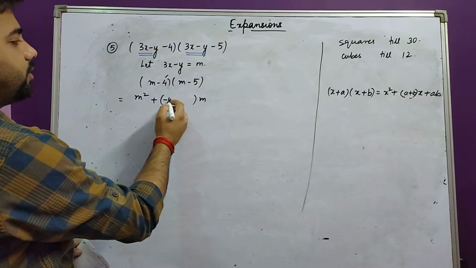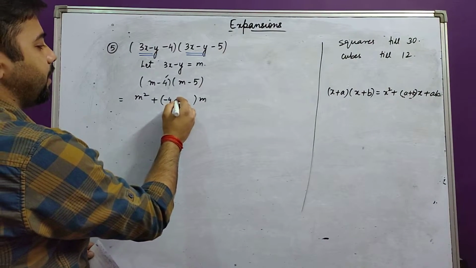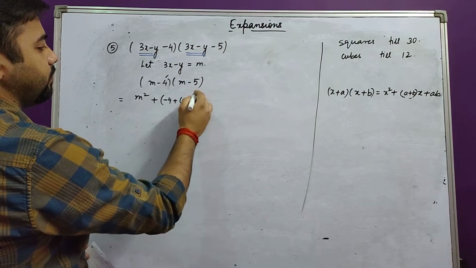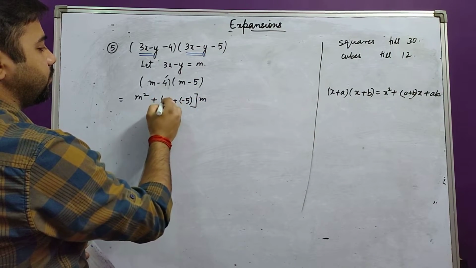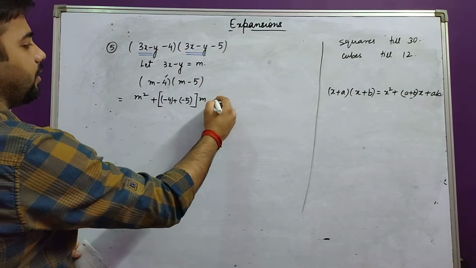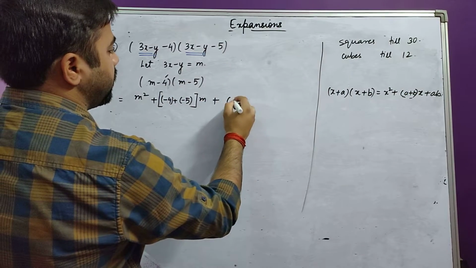That is minus 4 is the first number a, and the second number b, that is minus 5. Minus 4 plus minus 5, then plus ab, that is we have to multiply both the numbers over here.